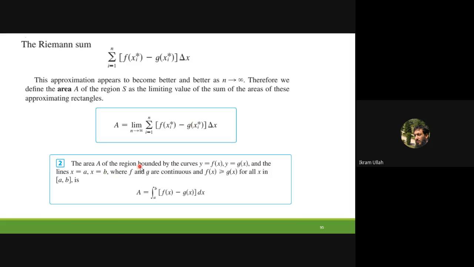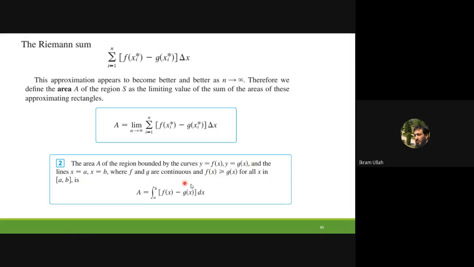The area A of the region bounded by the curves y equals f of x, y equals g of x, and the vertical lines x equals a, x equals b, where f and g are continuous and f of x is greater than or equal to g of x. There is a possibility that f of x is equal to g of x, that the curves of these functions coincide in the given interval a to b.